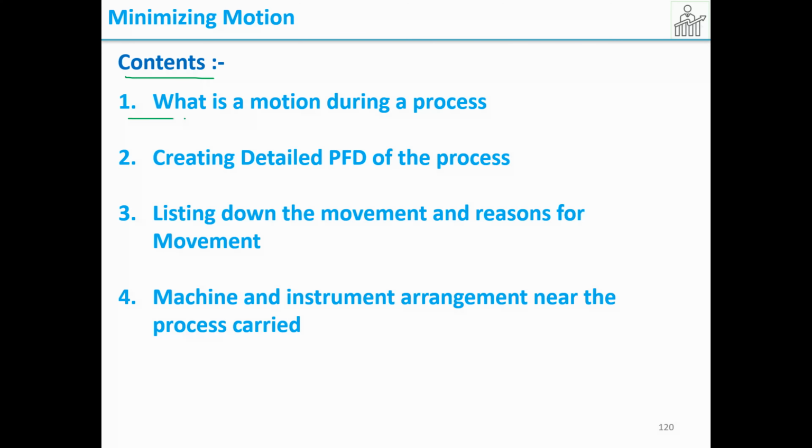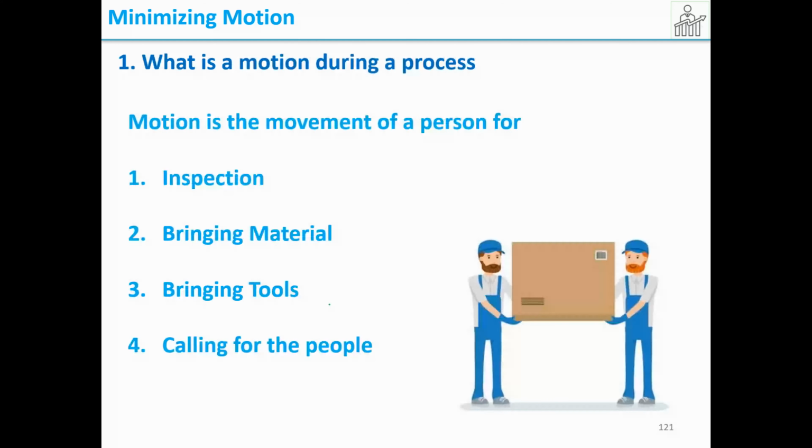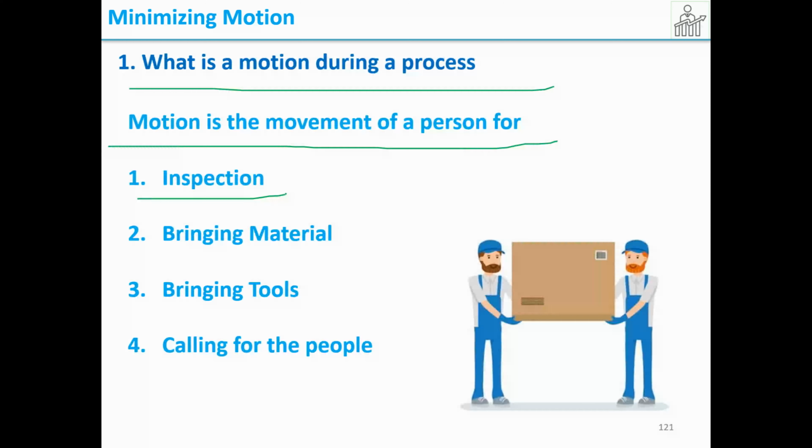The first one is what is the motion during a process, creating a detailed PFD of the process, listing down the movement and reasons for movement, and arranging machines and instruments near the process carried. So let us see what these are. What is a motion in a process? Motion is the movement of a person for inspection.